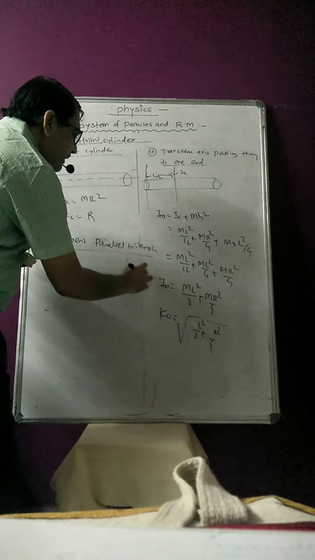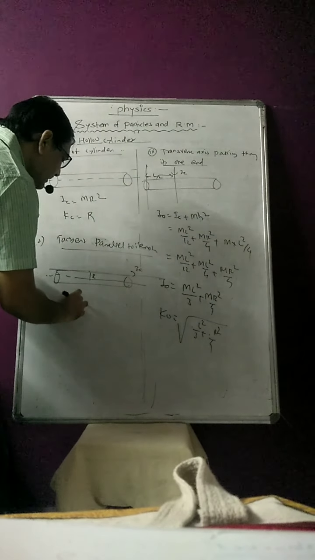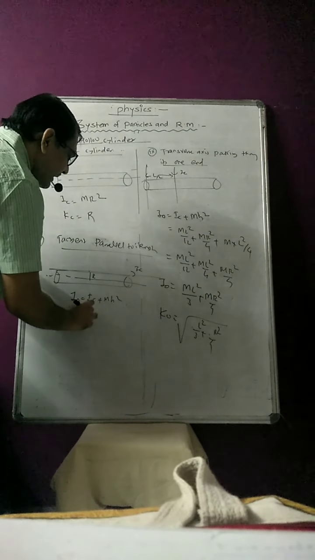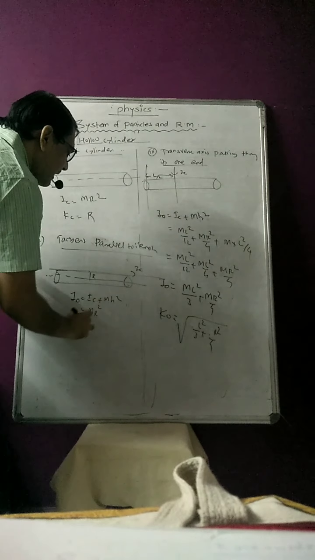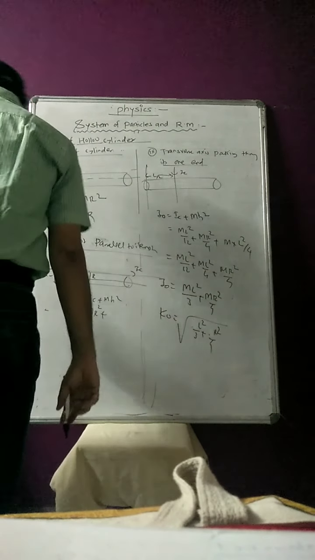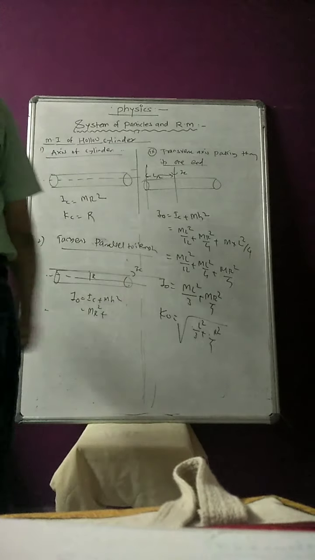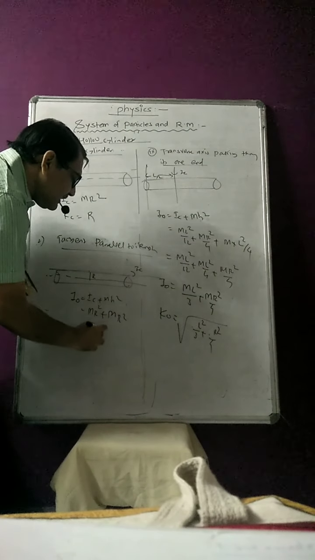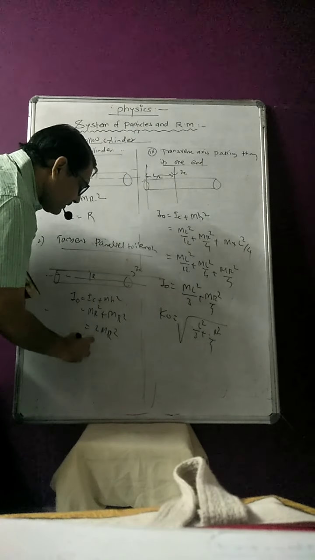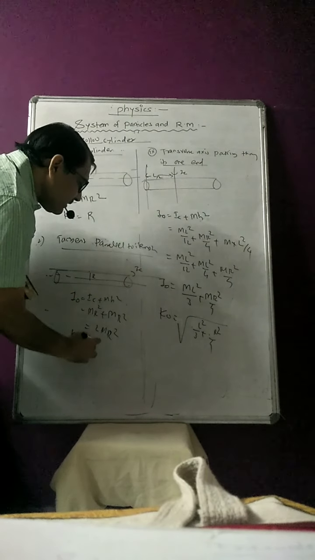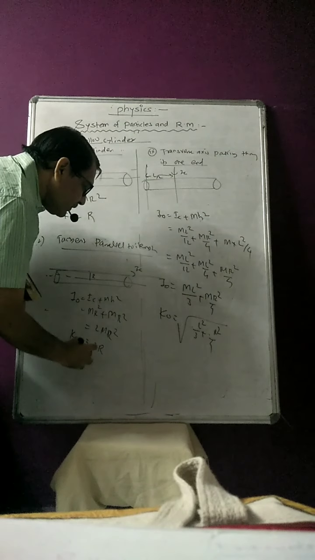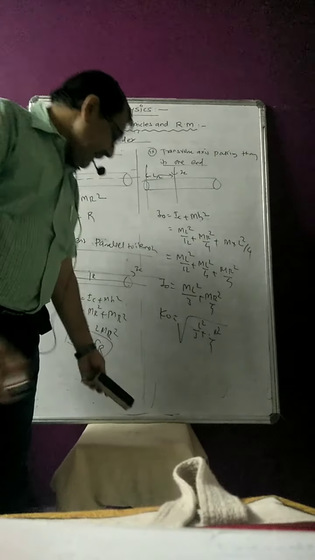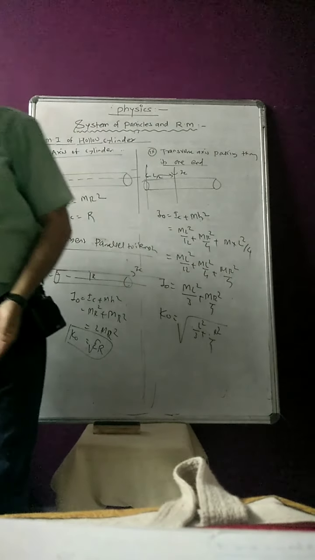About this axis, IO is equal to IC plus mh square, and IC will be mr square plus mr square. Therefore your answer will be 2 mr square, and therefore KO is equal to, m getting cancelled, square root of 2 into r. So that is how you have calculated it for the ring. Next time we can see about the solid sphere.